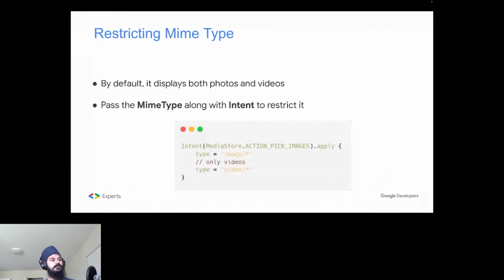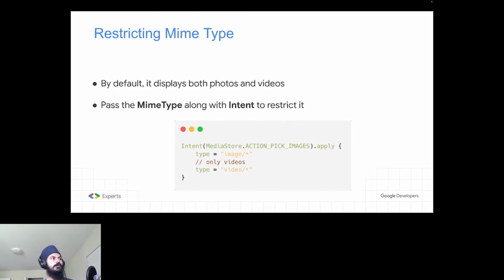And then the next thing is the MIME type. By default, the user can select any image or video with this tool. But if, for example, in our Android application, we don't want the user to select videos and we only want to allow images, then when we create an intent, we can set the type.